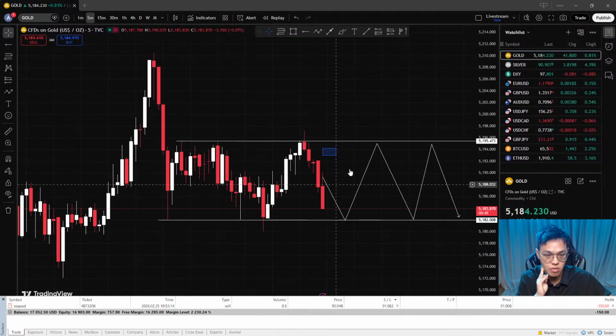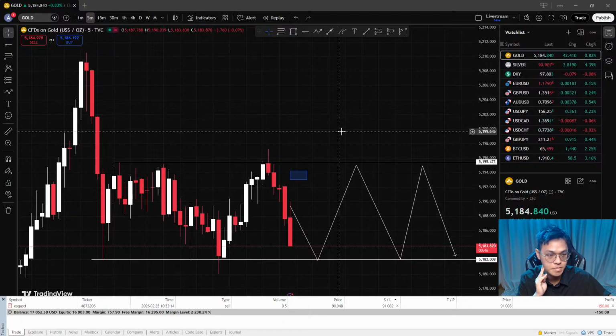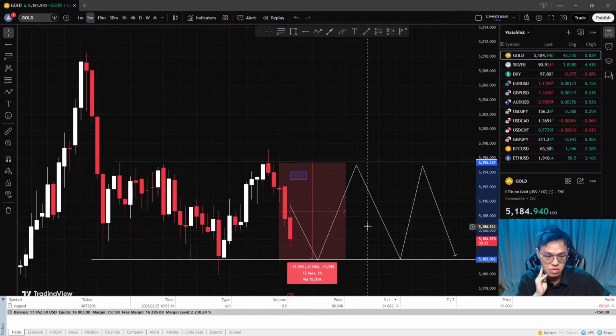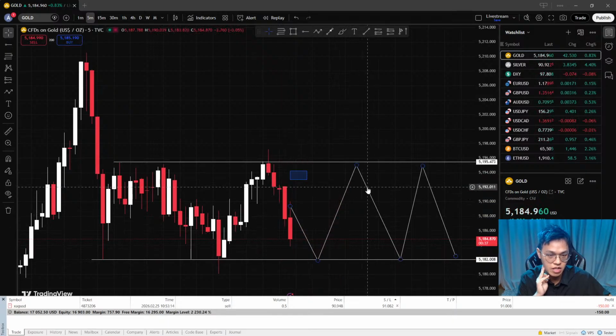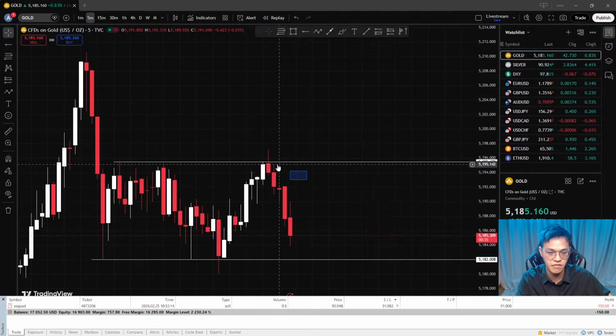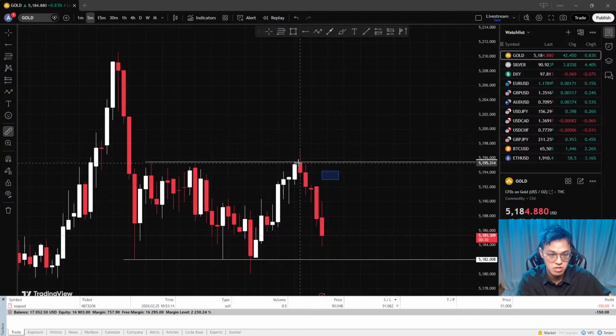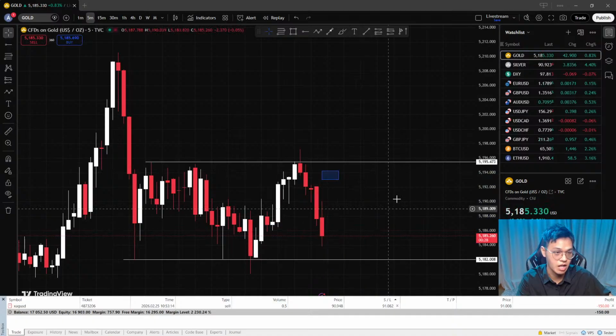Oh damn, the price dropped a lot. It is running around 130 pips, guys. If you sell at the resistance, then you are running around 100 pips.